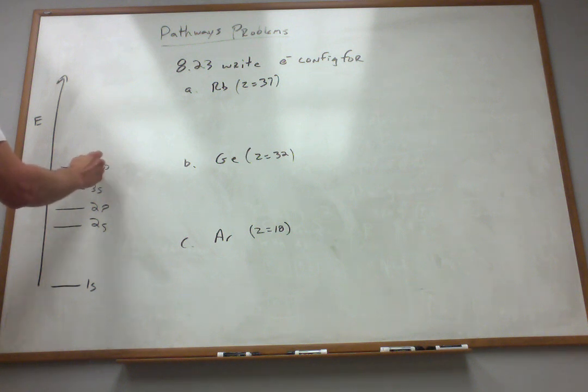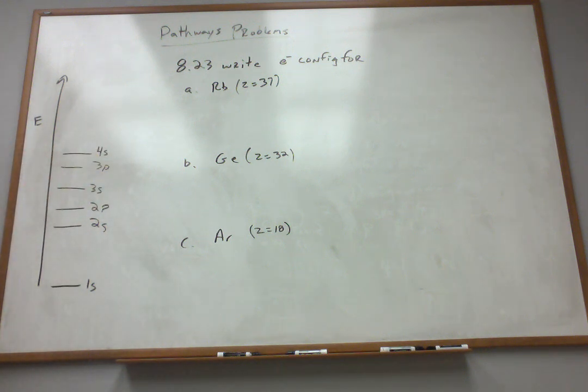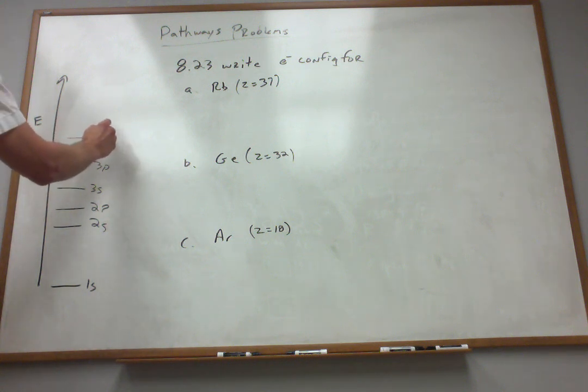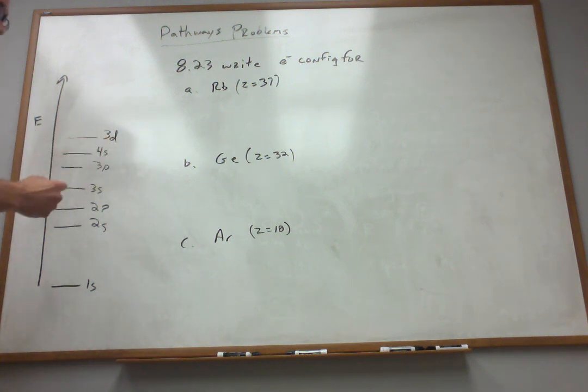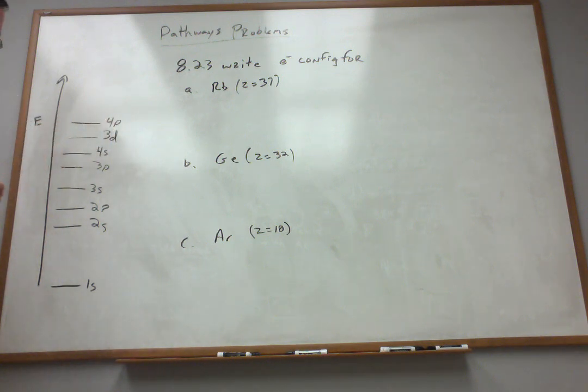I'm not paying a tremendous amount of attention to where I draw these lines. I'm just ordering them in order of increasing energy. And this is actually crucial for all this, for reasons that we're going to discuss here in a few minutes.